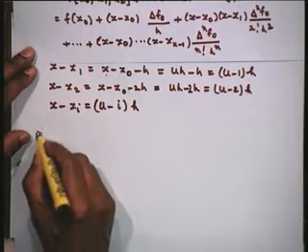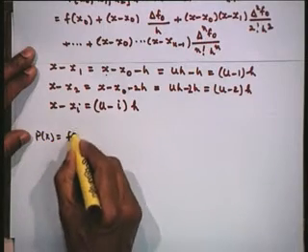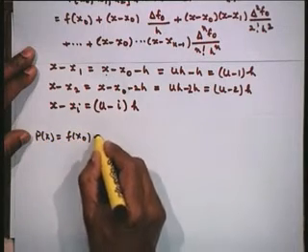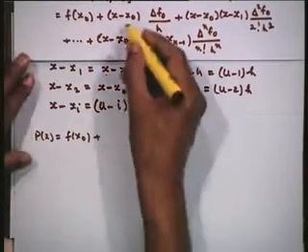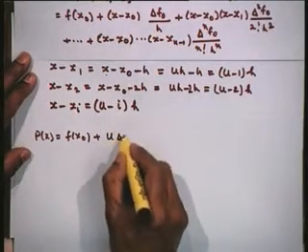Let us write down. P x can therefore be written as f of x naught plus x minus x naught by h, which is u, delta f naught.